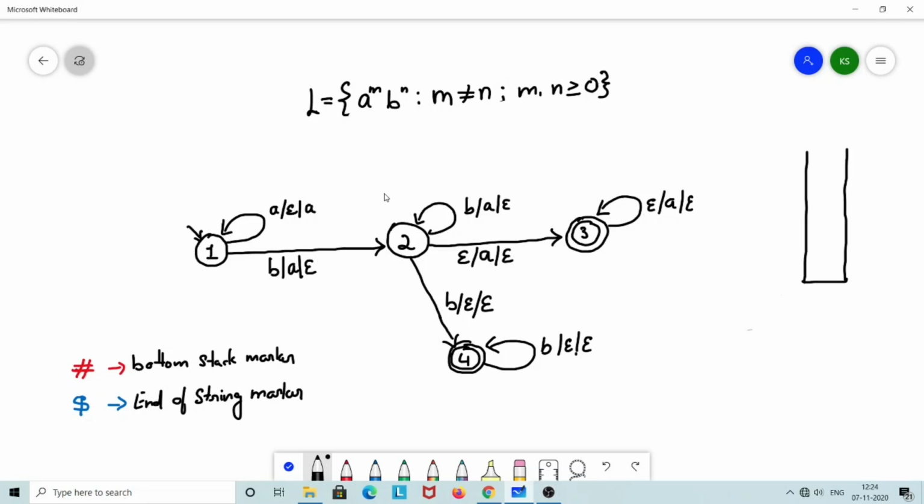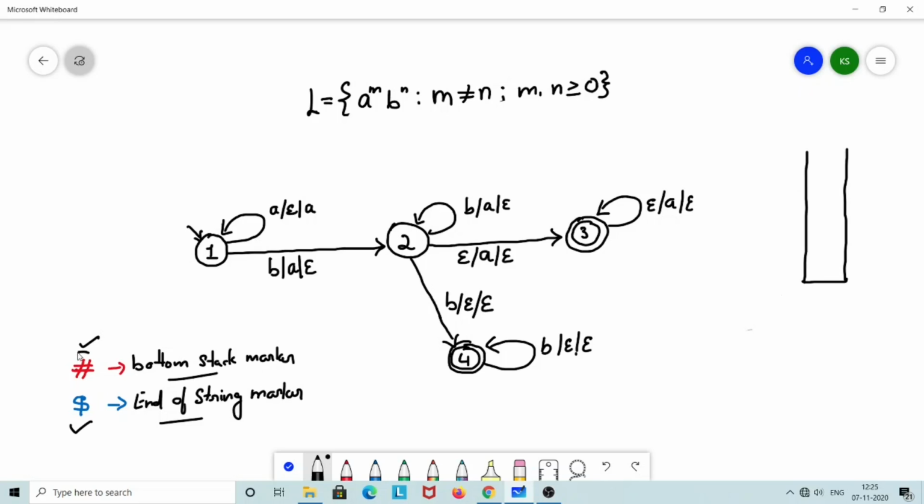The degree of non-determinism in our solution can be reduced by using two powerful symbols, hash and dollar. Hash is the bottom of the stack marker, and dollar is the end of the string marker. Using these two symbols, we will be very sure if the string contains more A's or more B's.